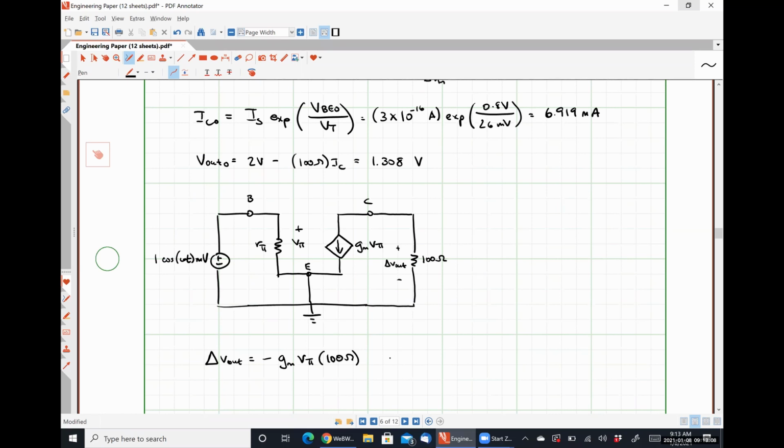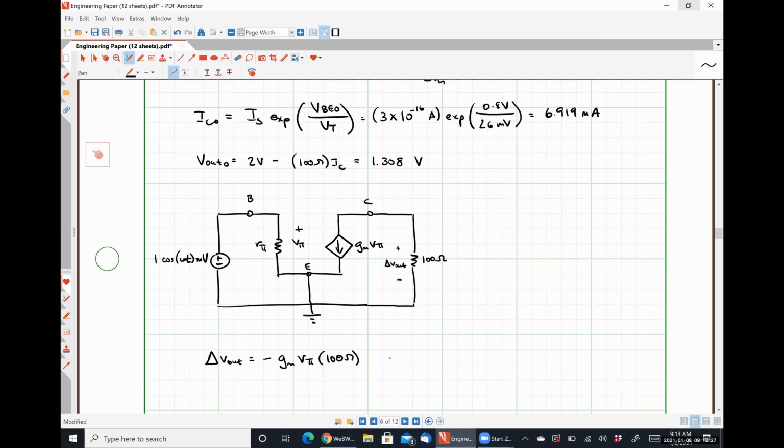Does anybody have any questions, comments, or concerns about how I came up with that? So, to be clear, a current of negative GM multiplied by V pi is flowing into the positive polarity terminal, and then good old Ohm's law. Nothing wild or fancy there.